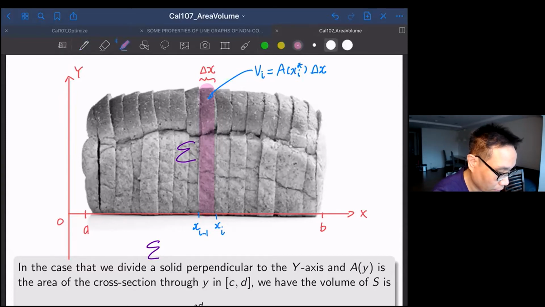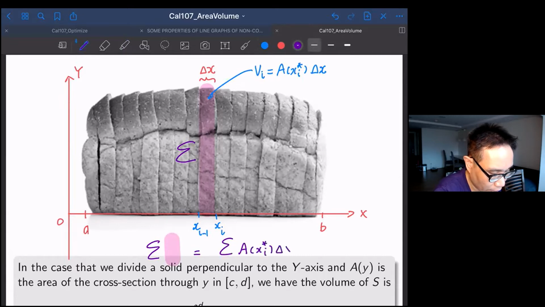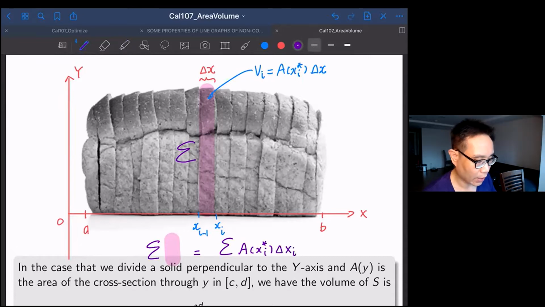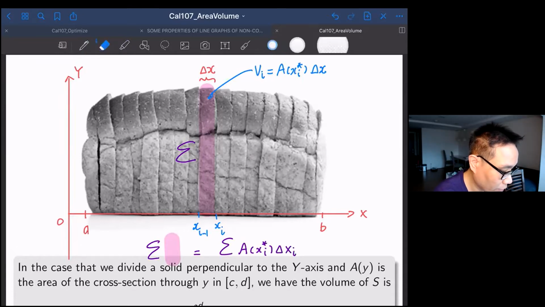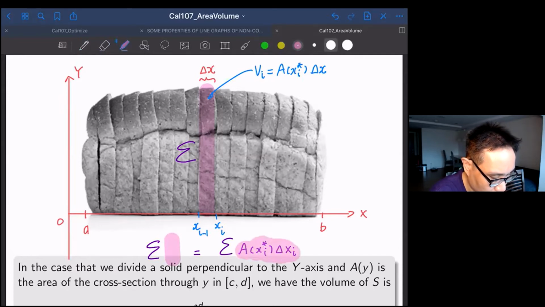Let me write it down. When you sum this up, it turns out to be the sum of A(x_i*) delta x, and this will be the volume that you have over the interval [a, b].